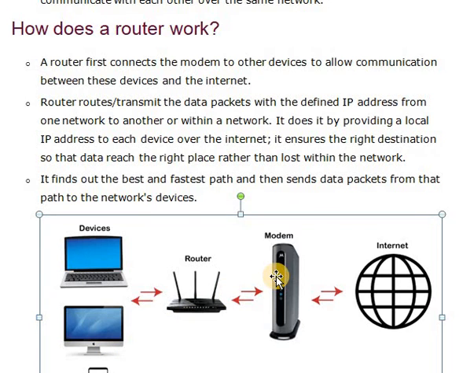Router routes or transmits the data packets with defined IP addresses from one network to another or within a network. It does this by providing a local IP address to each device, and the IP address list is already defined within the router.